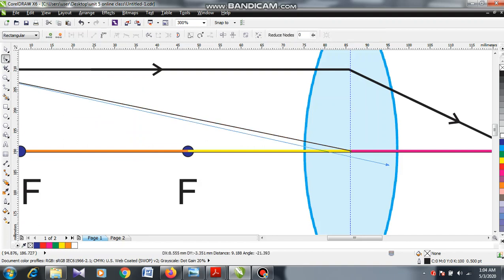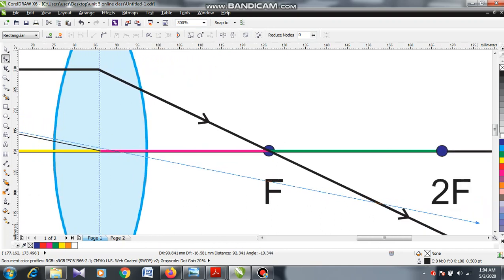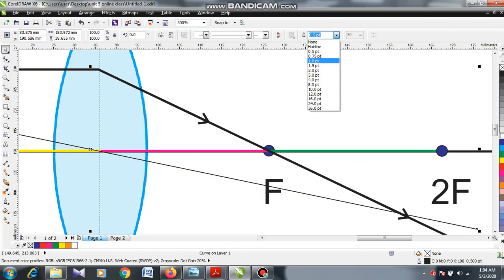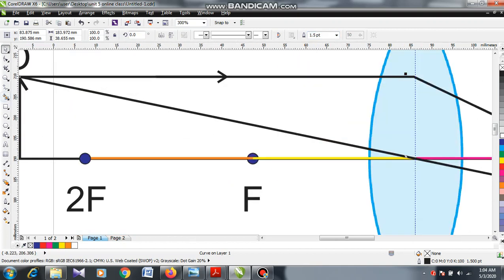So this light ray is going to move continuously in this manner, this way. So for the two light rays, I will draw the arrows here.